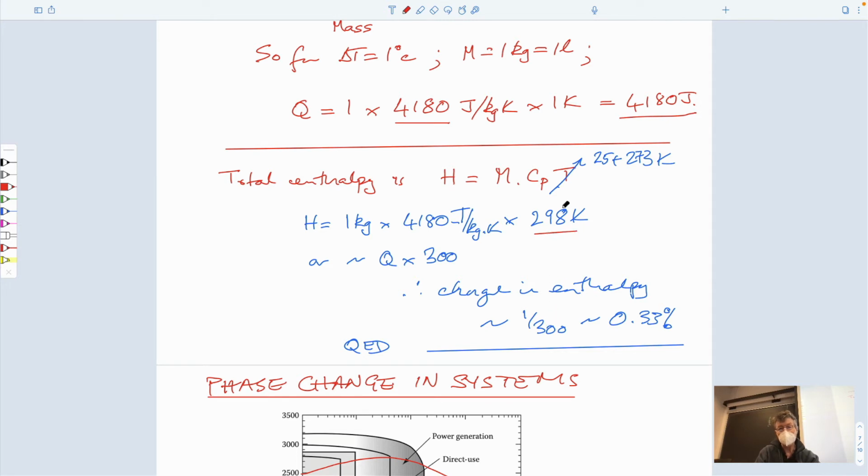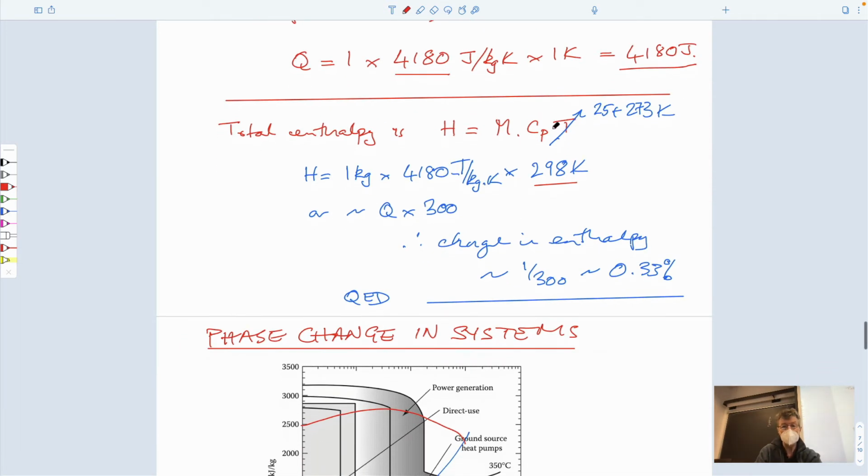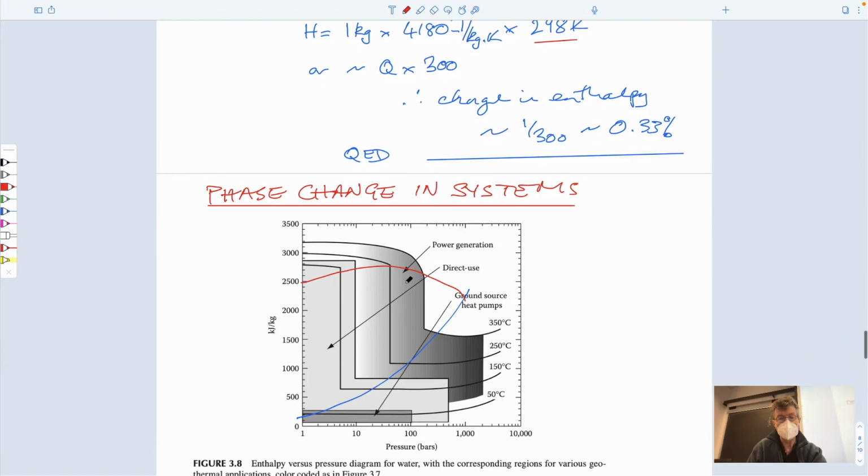If you work it out, because this temperature change is something like 300 times the 1 degree Kelvin, the amount of heat energy between 25 degrees centigrade and absolute zero is 300 times that. So total enthalpy is always defined in terms of absolute temperatures. But we're typically interested in changes in enthalpies in our system to be able to understand what's going on.